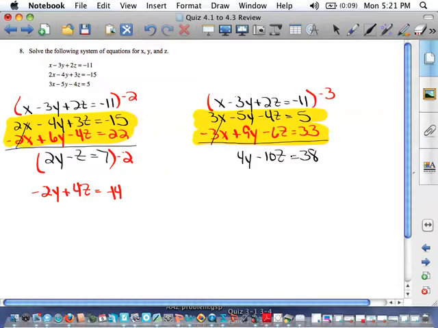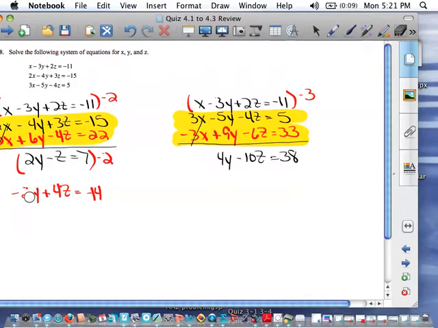I'll get negative 14. Then I'll leave this second equation as it is. Sorry, again, this is a negative 4y and a 2z.